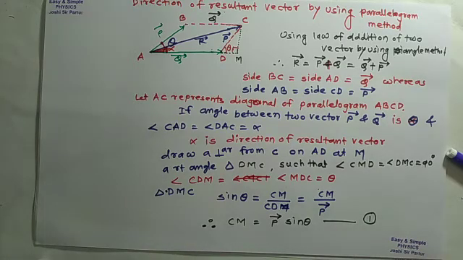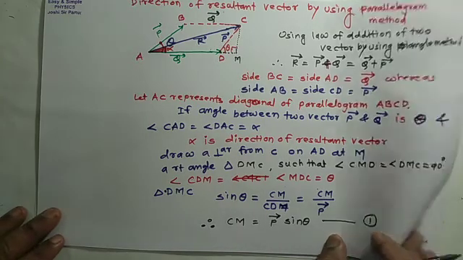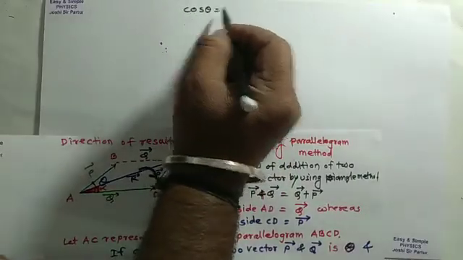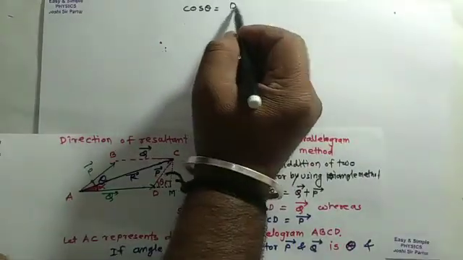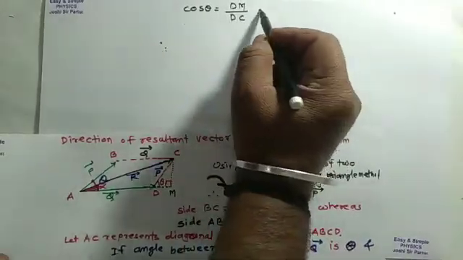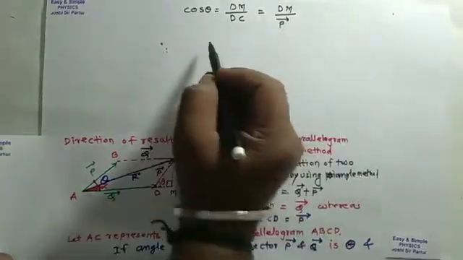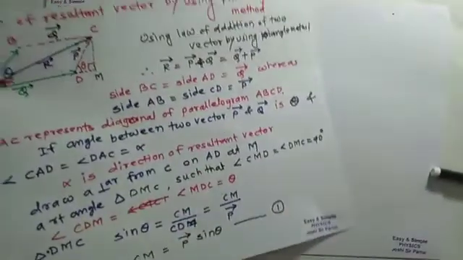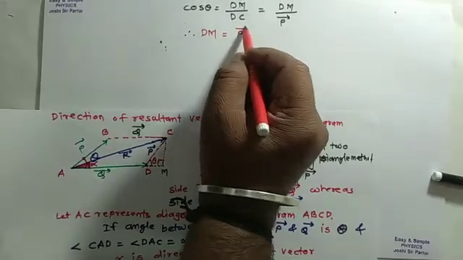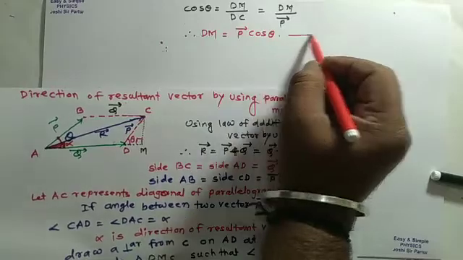Similarly, cos theta is equal to DM upon DC, which is DM upon vector P, and therefore DM is equal to vector P cos of theta. This is equation number 2.